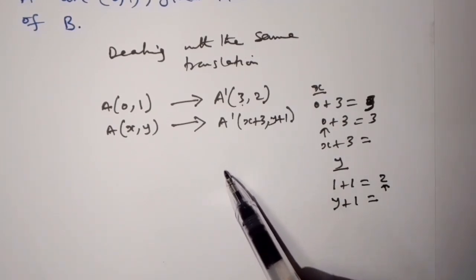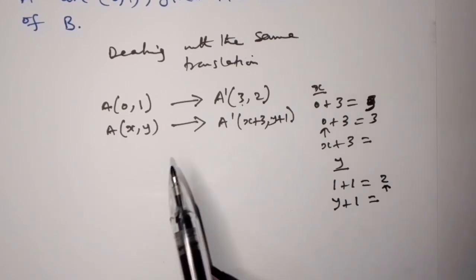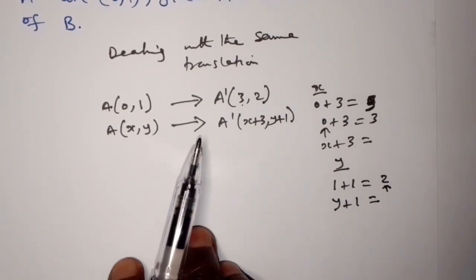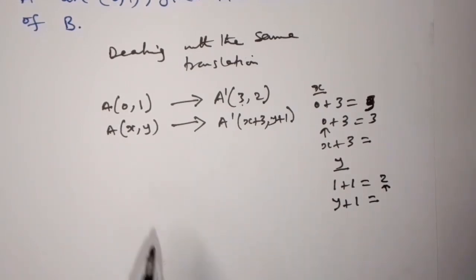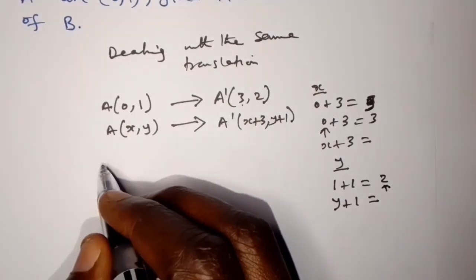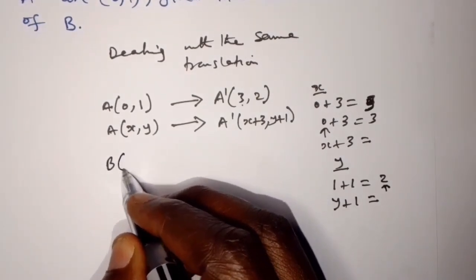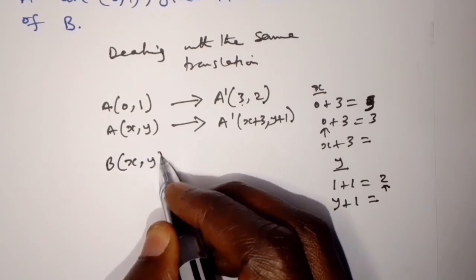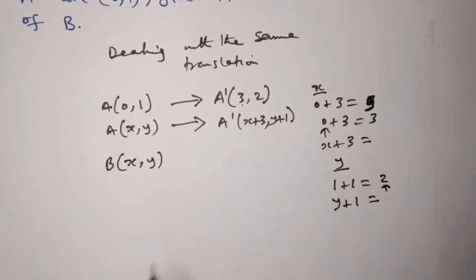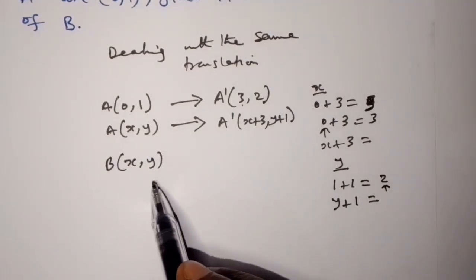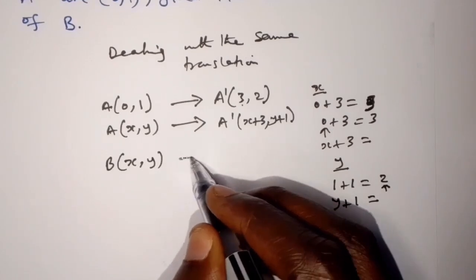So now we can find the coordinate of B. Here, we have been given B. Let the coordinates of B be (x, y).